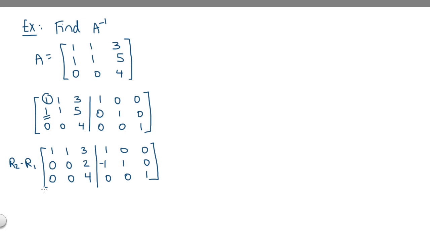So a better thing to do here would be to notice that if we actually did row 3 minus 2 row 2, that would result in a 0 row. Okay, that's happening just because row 3 is a multiple of row 2. So as soon as we see the potential to get a 0 row, we should do that, and we'll find that, in fact, A inverse does not exist for this problem.